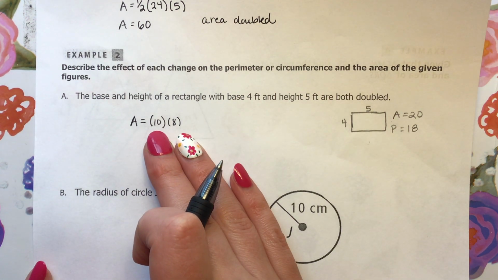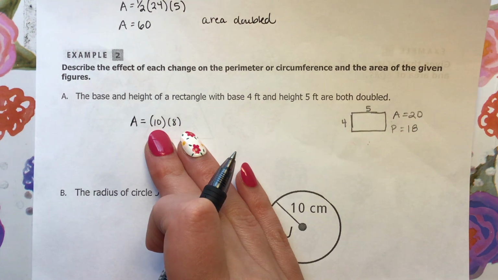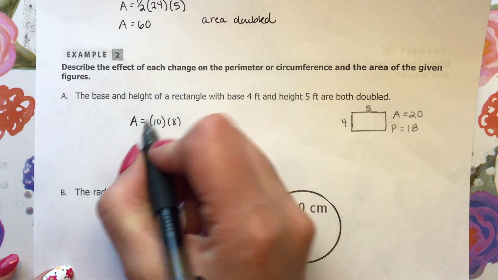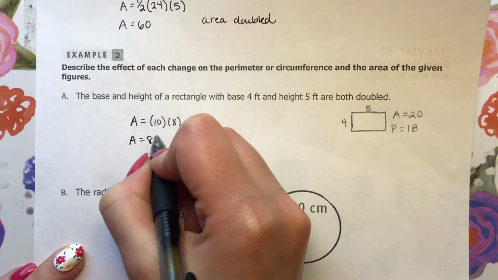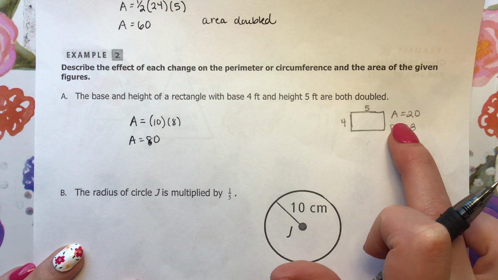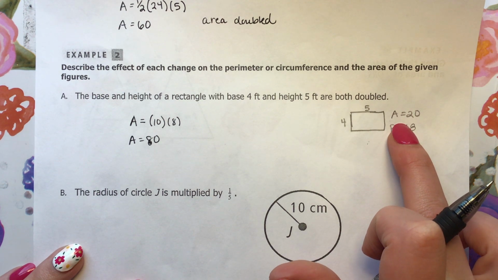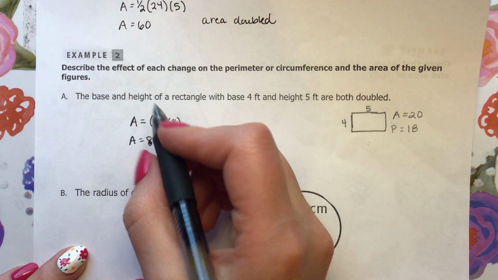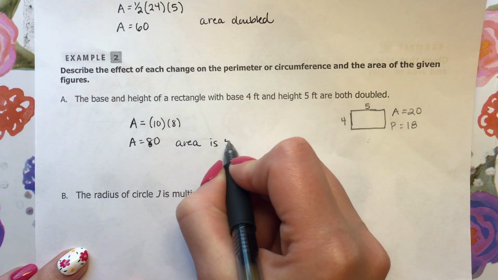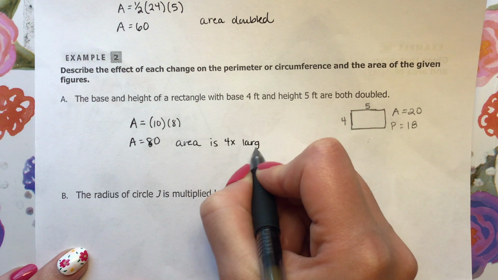Now our area is 80. And comparing the area of 80 with the area of 20, notice this time it increased by 4. So area is 4 times larger now.